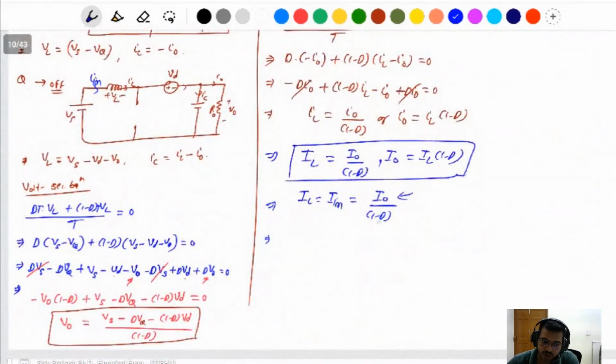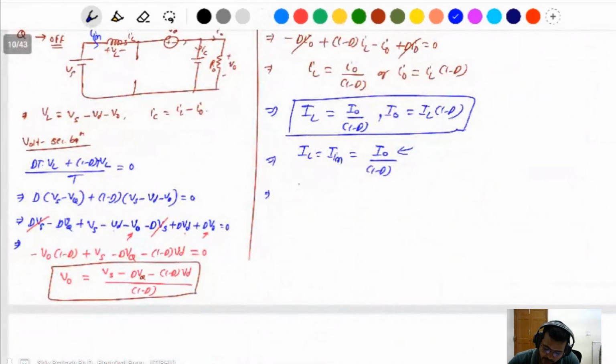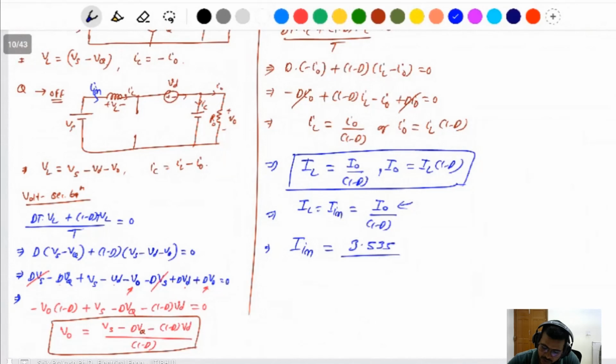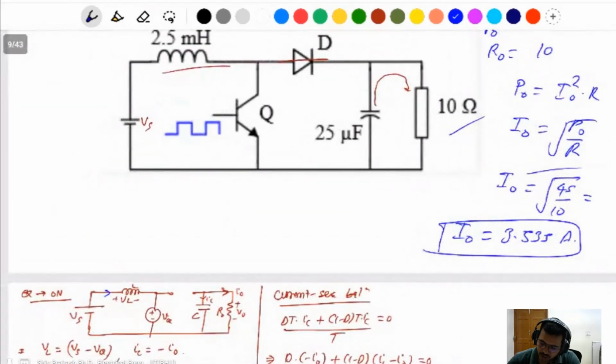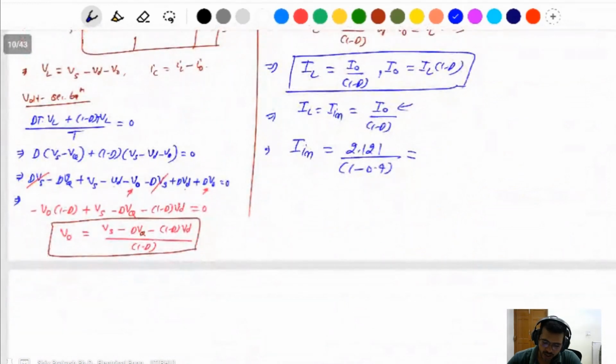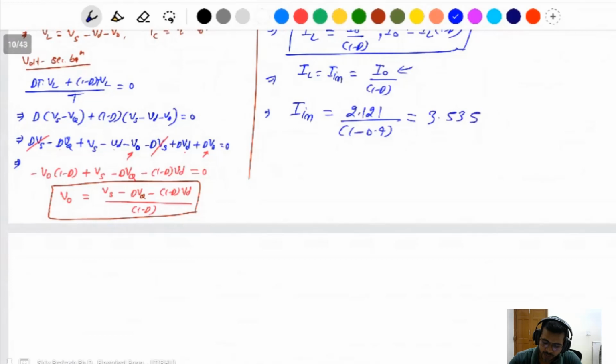If the output current is there and the duty cycle is also given as 0.4, then you can get the input current: 2.121 ampere divided by 0.6, because 1 minus d is equal to 0.4. Sorry, the root of 4.5 is 2.121. Then you can get the input current as 3.535 ampere. This one is the input current.